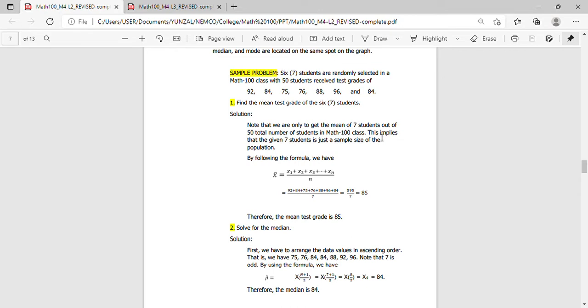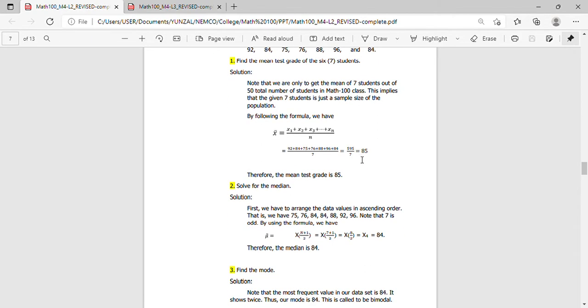So the formula we use is x sub (n plus 1) over 2, where this is a small letter n, since this is just a sample. Small n is the number of data values we have. So that's why we have 7.